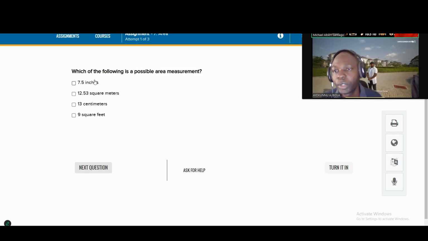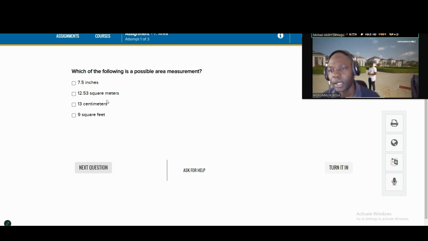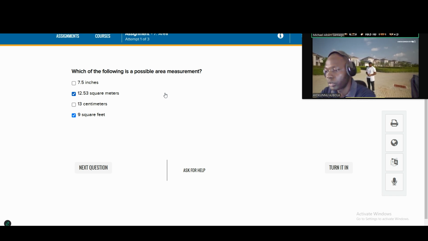Then, which of the following is a possible area measurement? If it has square feet, or square meters, okay? So area is a square unit. Let's see.